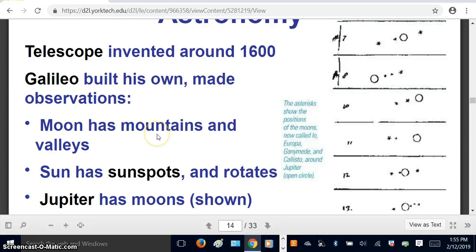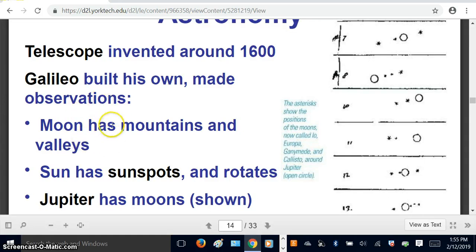What he does is he talks about when he made these observations, he compared the mountains and the valleys of the moon to the Earth, to the Italian countryside. The reason that's significant is that for all times before Galileo makes that comment, the objects in the heavens were completely different from the Earth.